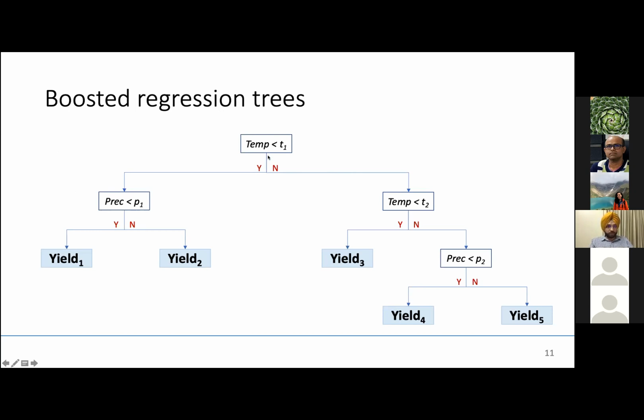Or it could understand that if temperature is greater than T1, if it lies between T1 and T2, then the yield is Y3. If it's greater than T2 and precipitation is greater than P2, then your yield could be Y5. And this is a very simple schematic. A BRT has a lot more trees under it, probably hundreds, if not thousands of these.